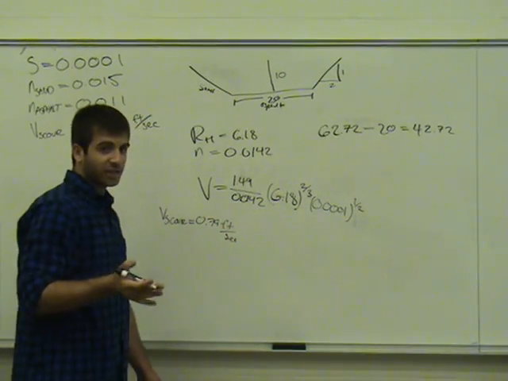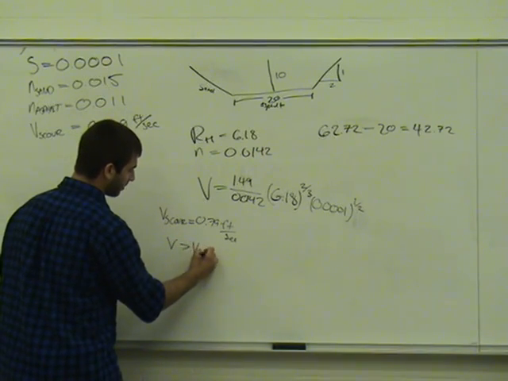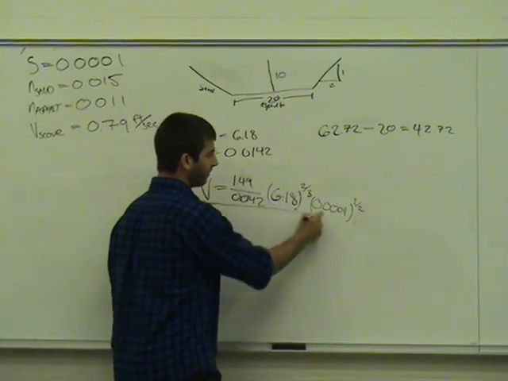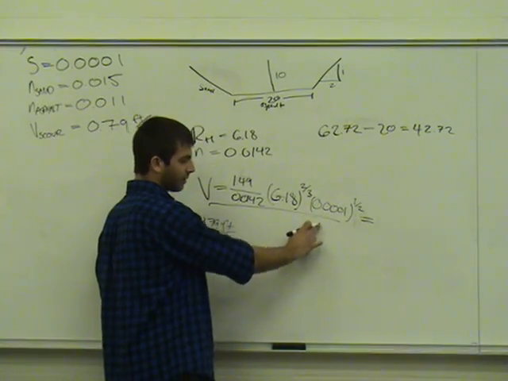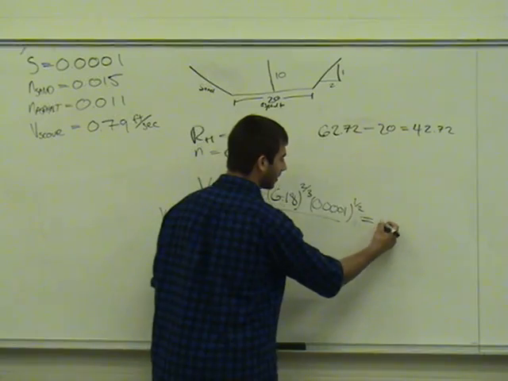So the channel is going to scour when the velocity is greater than v scour. We calculate this to find our actual channel velocity right now. If you run all these numbers through, you're going to get a velocity of 3.53 feet per second.